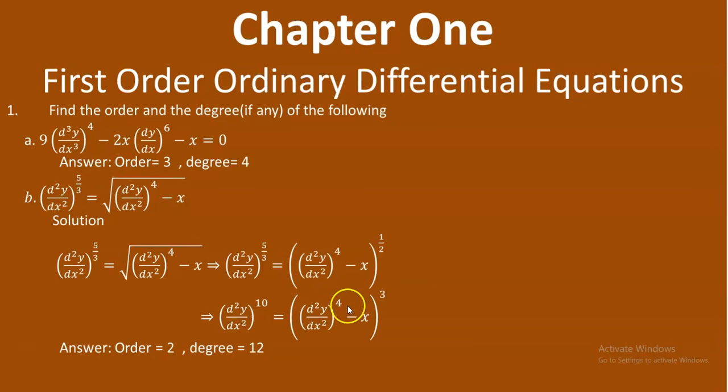So the degree of this differential equation is 12, as written here. And the order of this one is 2, as can be shown here. So the order is 2 and the degree is 12. And next from this we have also another one.